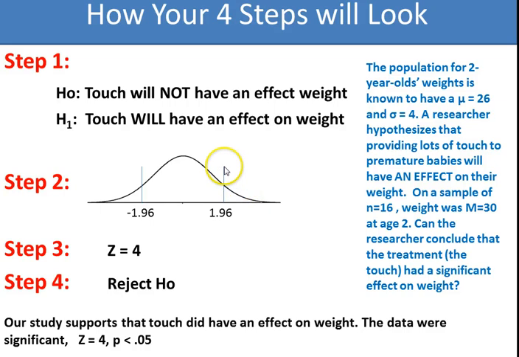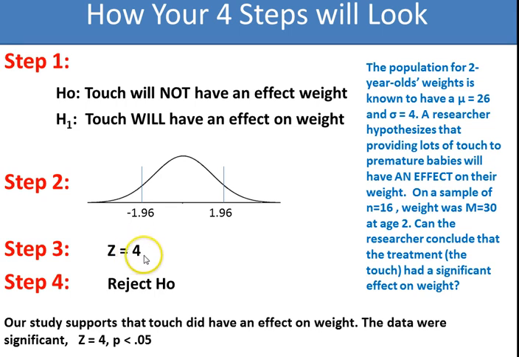As described in the previous video, we would wind up with these critical values of negative 1.96 and 1.96, and this is the critical region, and then in step 3, you would go ahead and do the math. In this particular scenario that I have used for the demonstration, we would wind up with a test statistic equals 4.